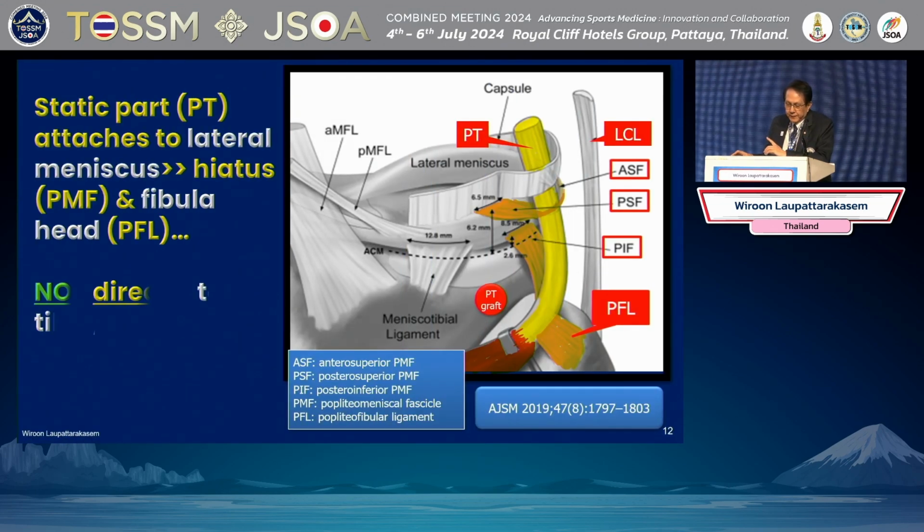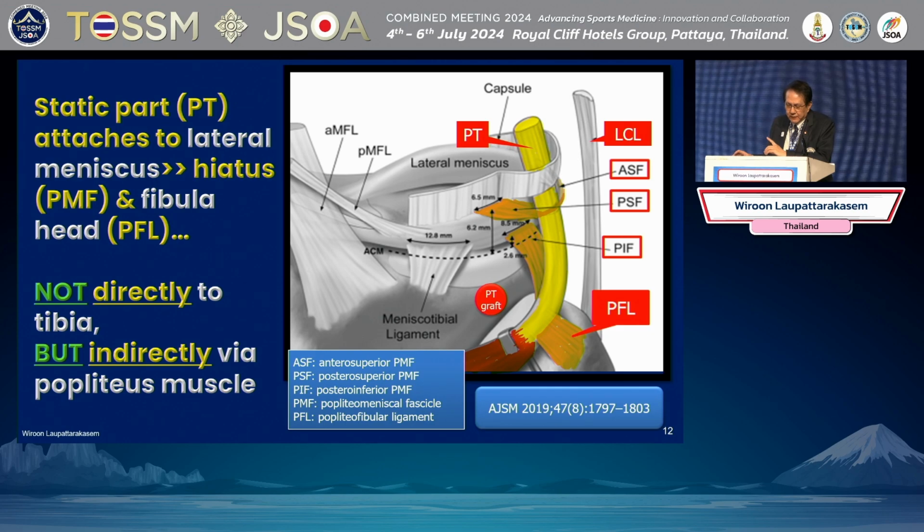Actually, it doesn't. There are fascicles, like the anterior superior, posterior superior, and posterior inferior fascicles of the popliteomeniscal fascicles, that attach to the meniscus, and one attaches to the fibula, which is the popliteofibular ligament, but none of them attaches directly to the tibia.